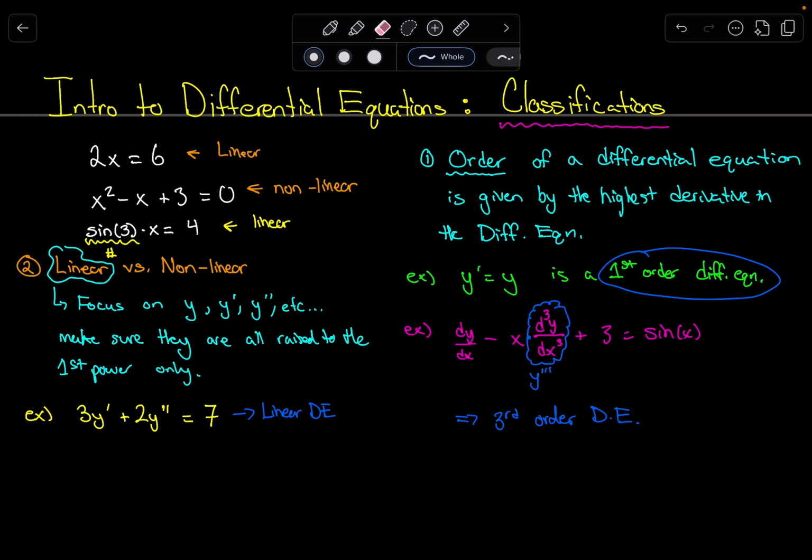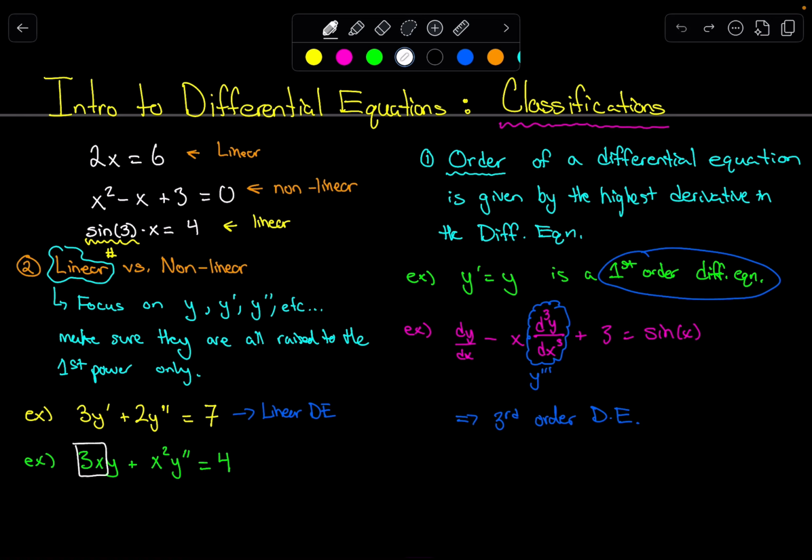And so we could keep going. If I give you an example of, I don't know, 3xy plus x squared y double prime is equal to 4, for instance. Is this linear or nonlinear? Well, again, I'm not paying attention to the 3x or this x squared.